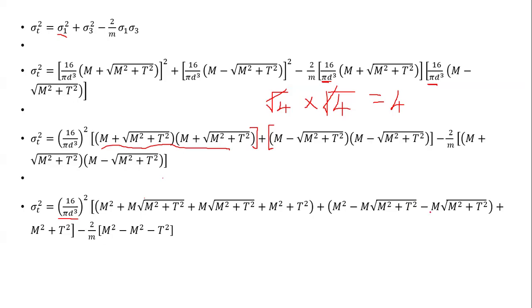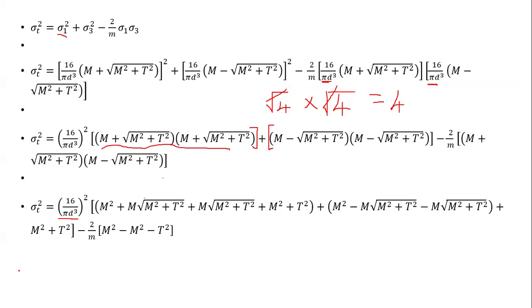I have again negative m square root of m squared plus t squared. Then negative m squared plus t squared multiplied by the same thing. This is where I was saying what is inside the brackets is the answer. So hence, our result here is simply m squared plus t squared.